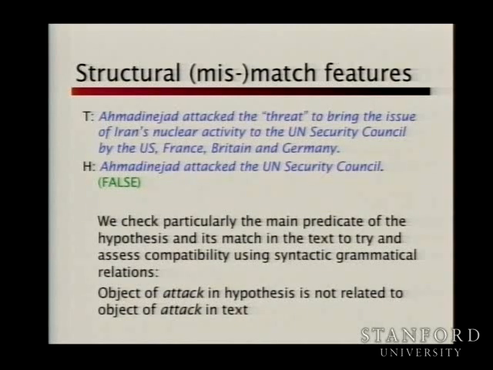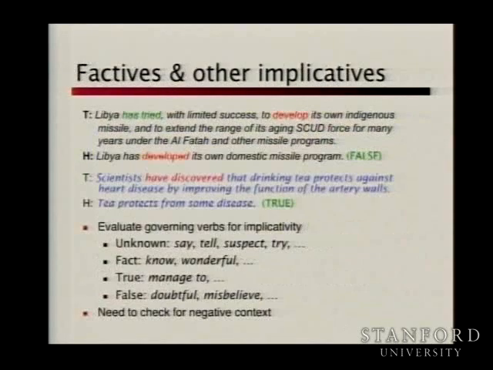The syntactic structure of quite a lot of it is similar. So Ahmadinejad is the agent of the attacking in both of them. But you really just want to notice that the object of the attacking is something different. And that's the kind of thing that we can do by matching more precise patterns using syntactic parsers.